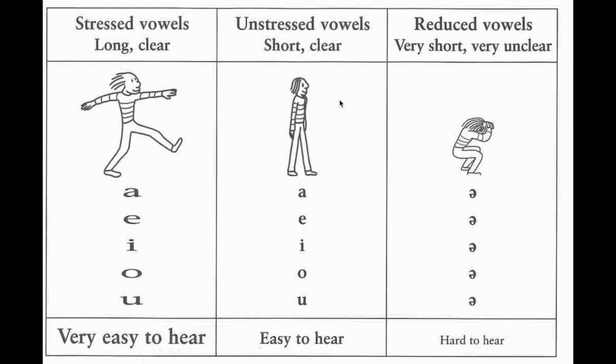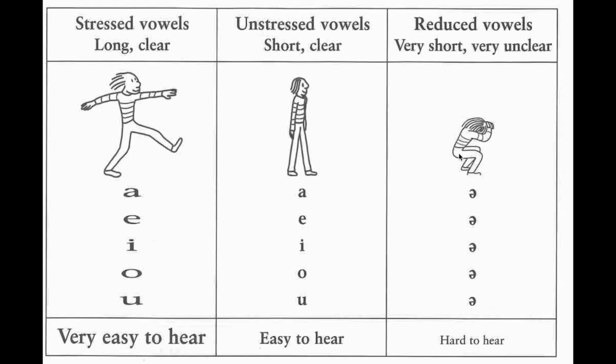Now, in many of the words that came to English from languages such as Latin or French, we also have what are called unstressed vowels, but sounds that are still somewhat clear to hear. So in this case, sometimes you will hear an easier to hear word with words that have 3 syllables or more.